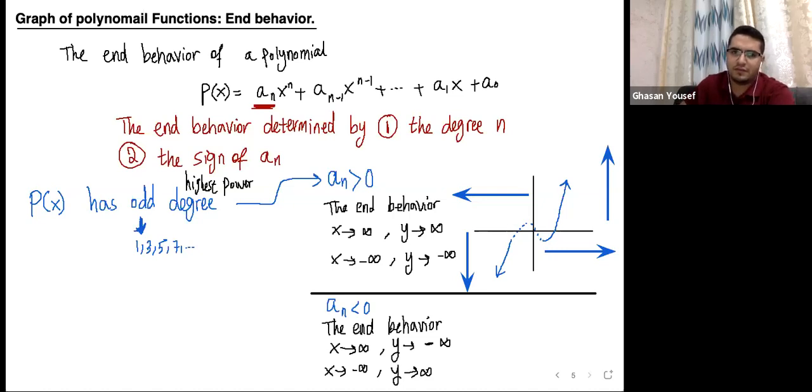I'm going to graph it to show you the end behavior here. So here is the graph. The function goes up, then here it will be like this, then goes down.